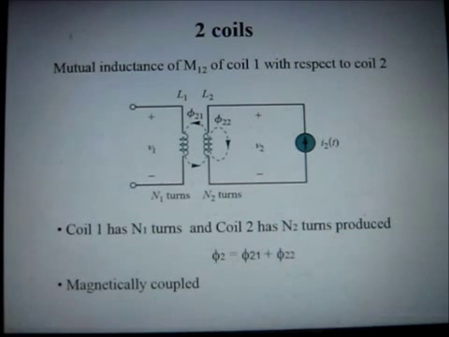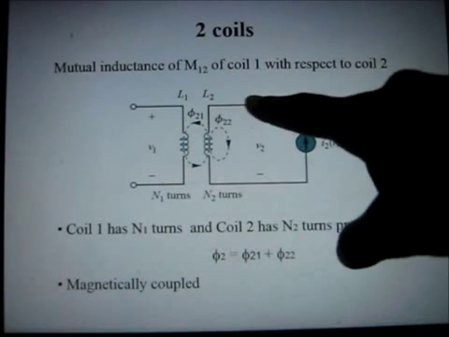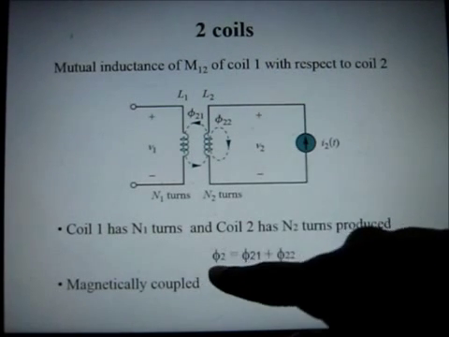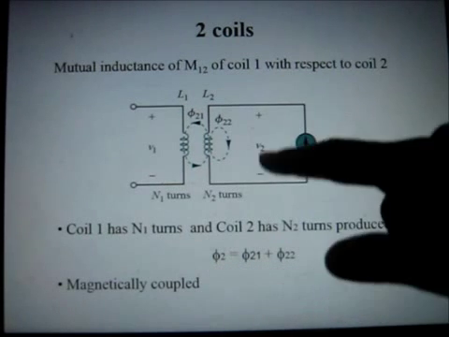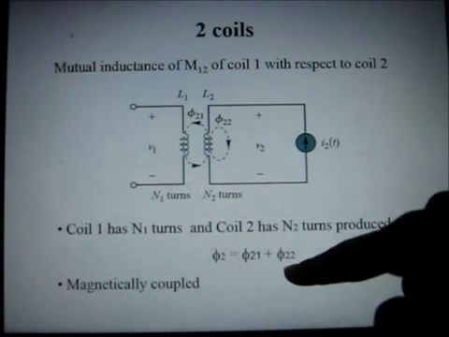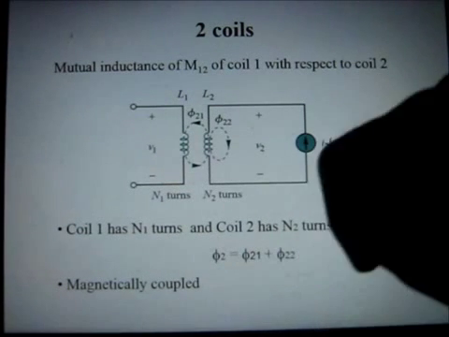Again, if we consider the second coil, this time the voltage source is attached to this part. So for coil number 2, the net flux linkage is due to its own flux phi 22 plus the mutual flux due to coil 1, that is phi 21.